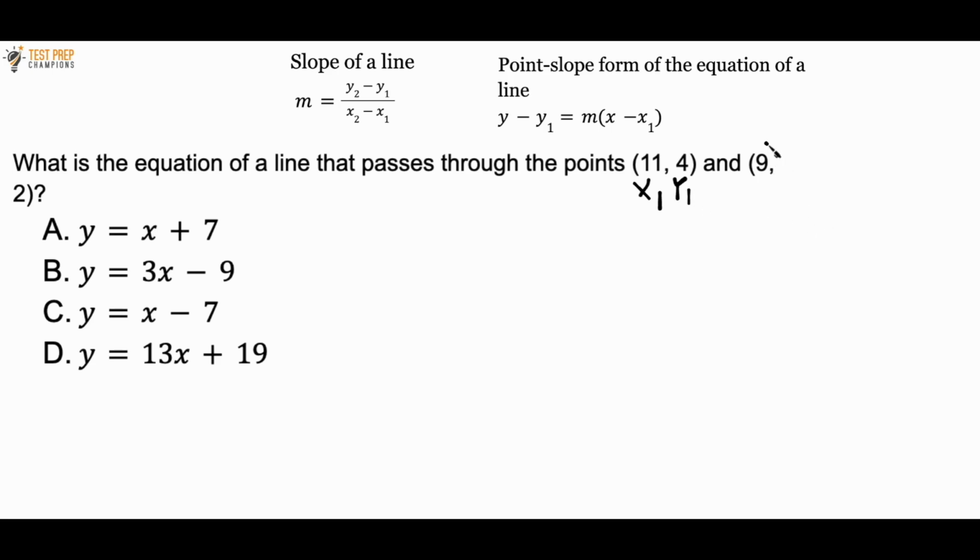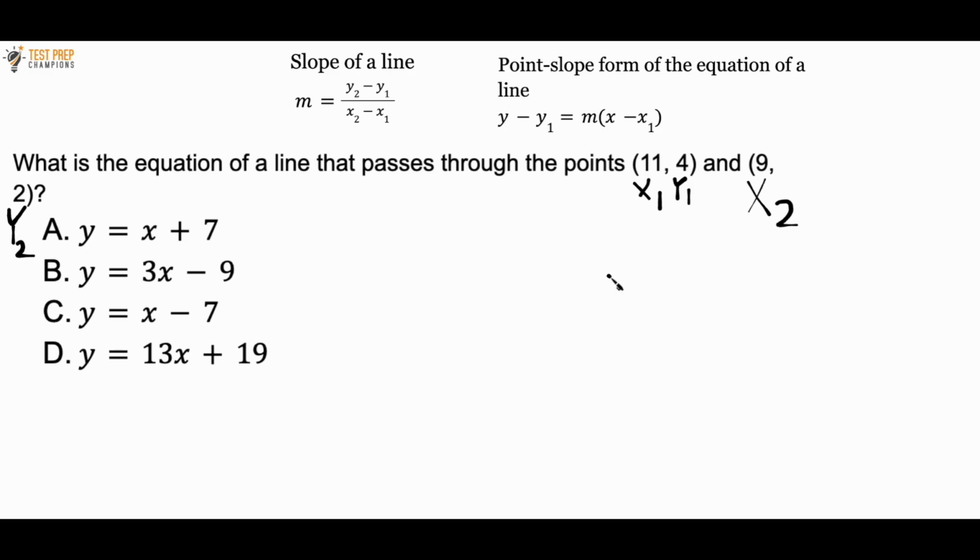Now I come over to my second pair, the 9 and 2. This 9, remember, the first number in a pair always has to be an x, so I'm going to call this x2. And the second number in the pair always has to be a y, so I'm going to call this y2.